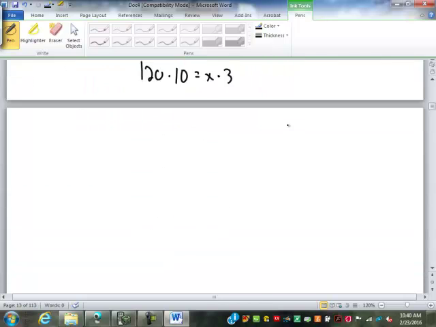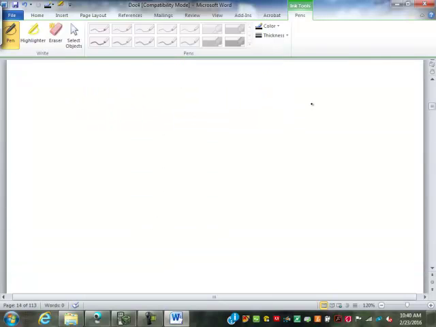Okay. Now there's something called combined variation we can run into, and that's where you have more than 2 variables, and obviously when you have more than 2 variables, they can't all be directly related. I mean, they can all be directly related to one, but then they end up being inversely related to each other.